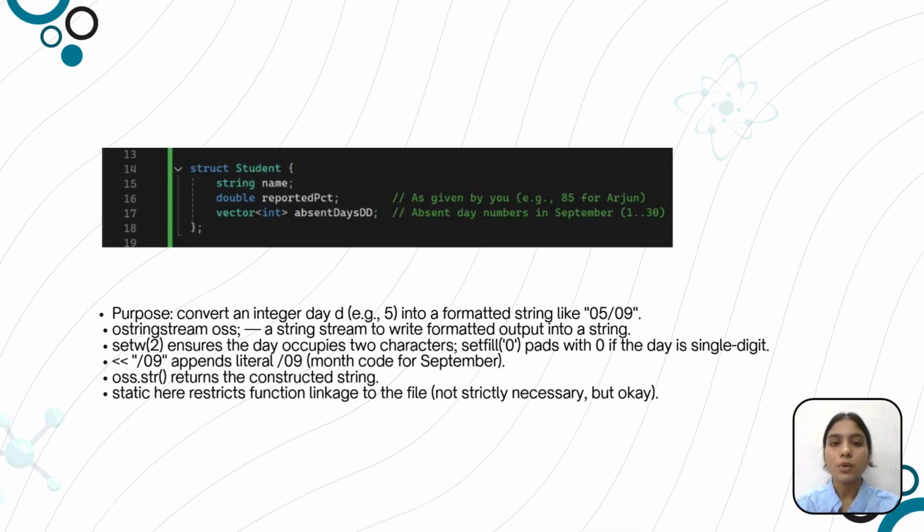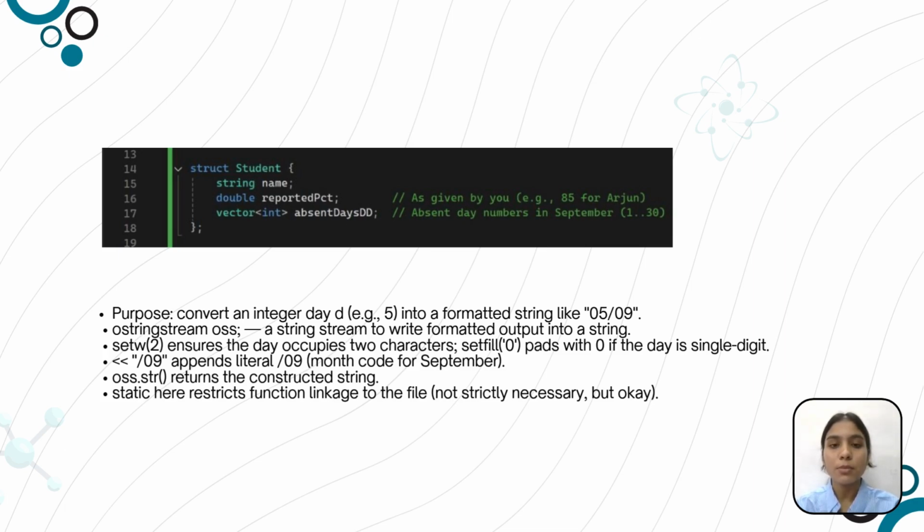Now in my program, I have a structure called student that stores each student's name, their attendance percentage, and the list of days they were absent. To display absent days nicely, I use a function that converts a day number into a formatted string. For example, day 5 becomes 05/09, where 09 stands for September. I use a string stream to build this string.